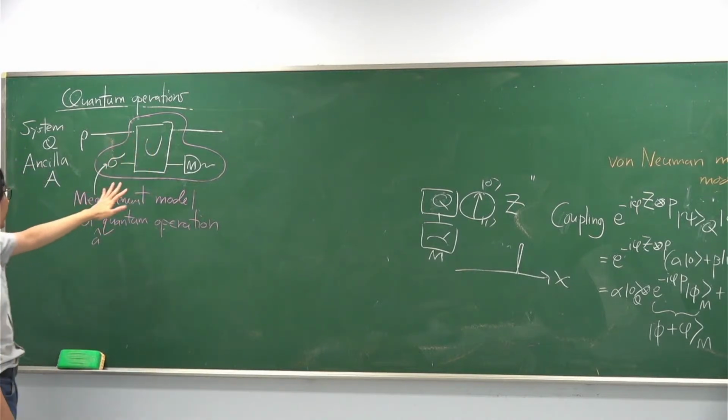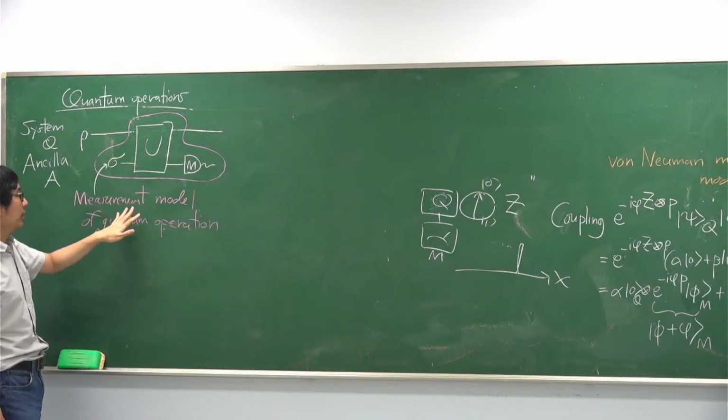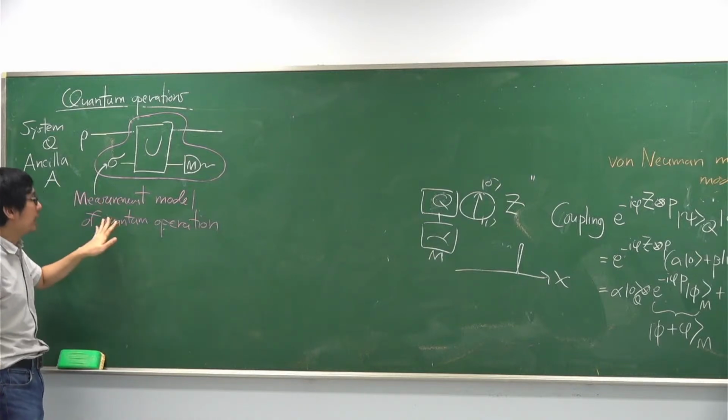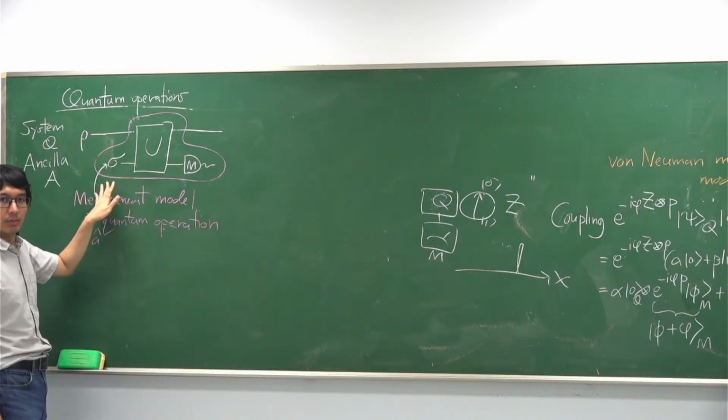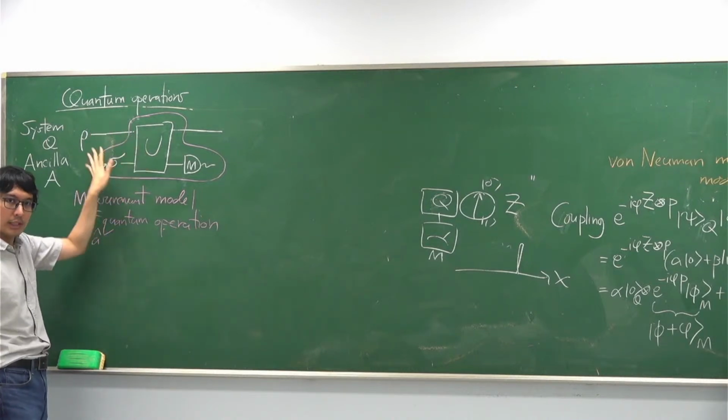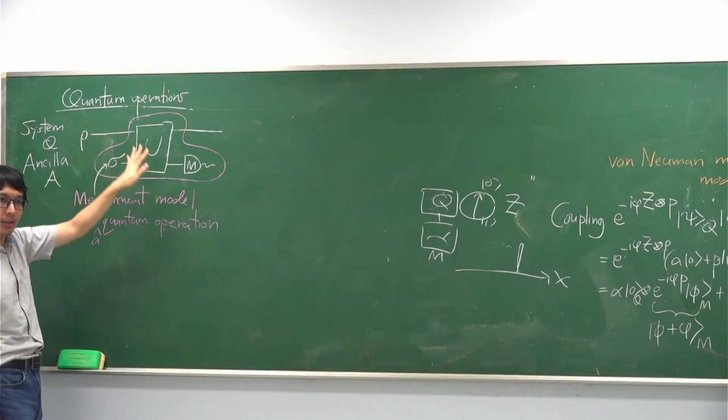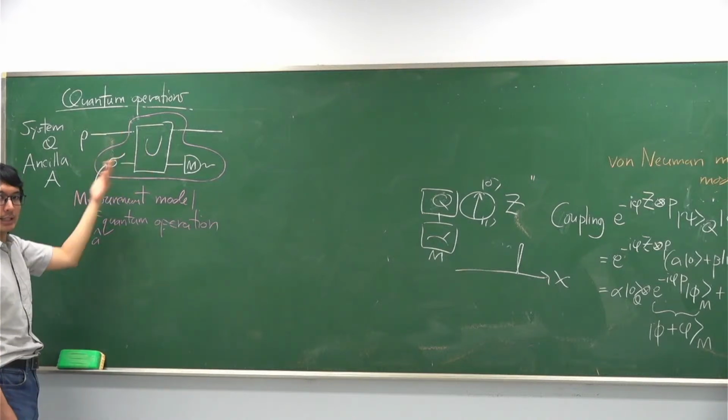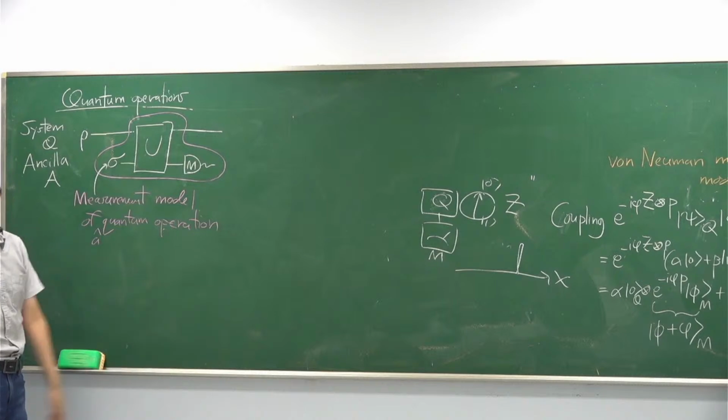But here I just say that this is a representation of quantum operations using this model that we call the measurement model first, which means bringing in an ancilla, evolving, and measuring out the ancilla.